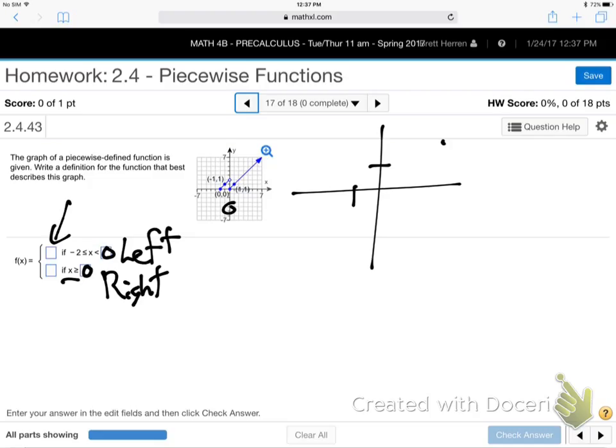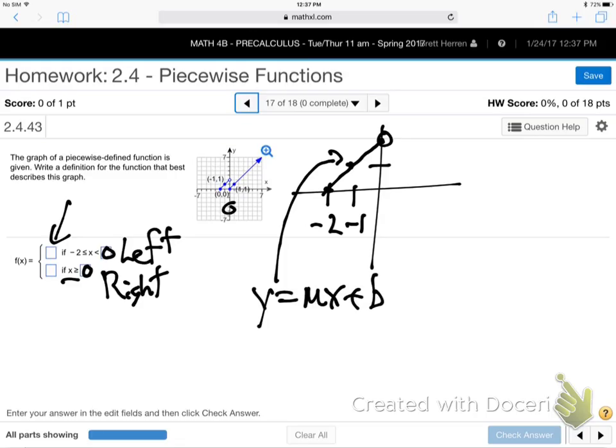Right there, minus 1, 1. And minus 2, 0. And there, huh? Even though that's an open dot, that's what it's doing, right? I'm just blowing up that left side so we can see it clearly. It's a little piece of a line, isn't it? So its equation must be mx plus b, because it's a little piece of a line.